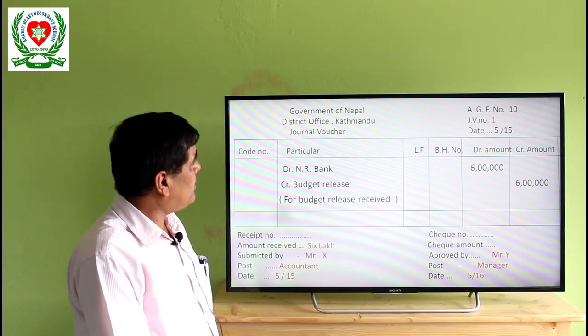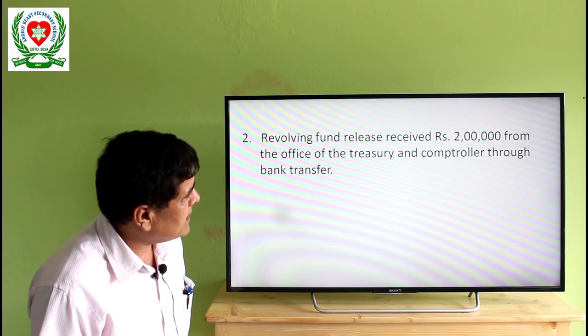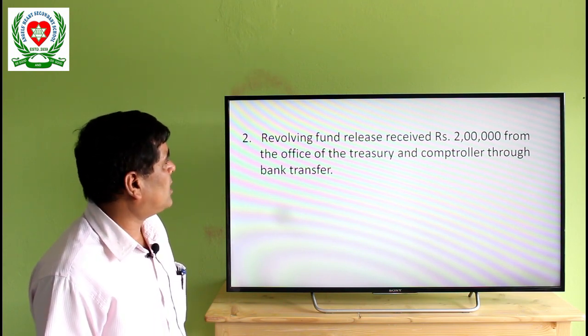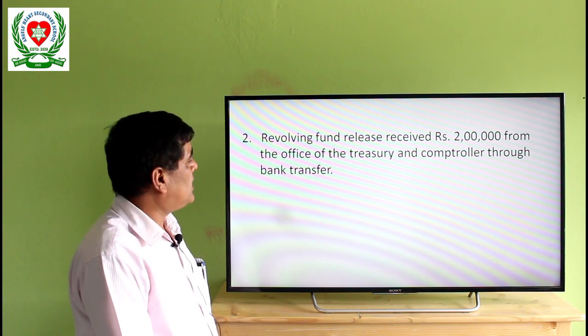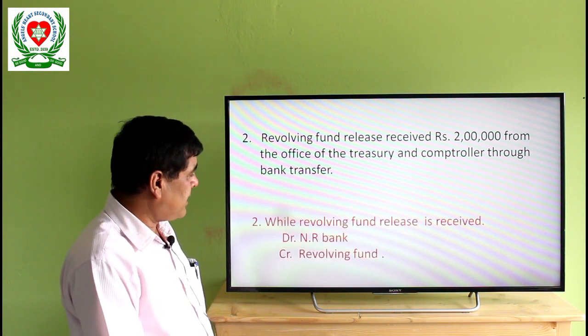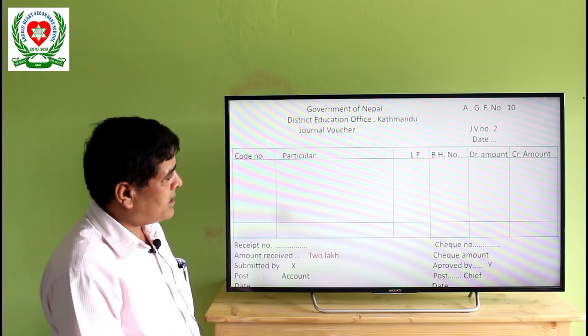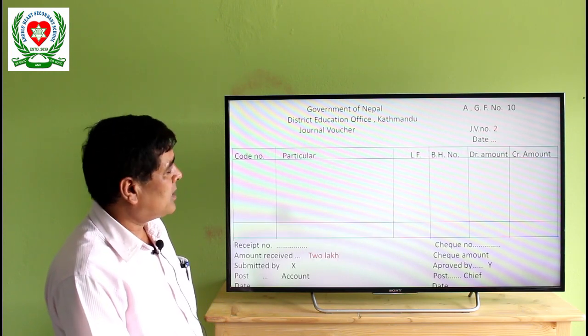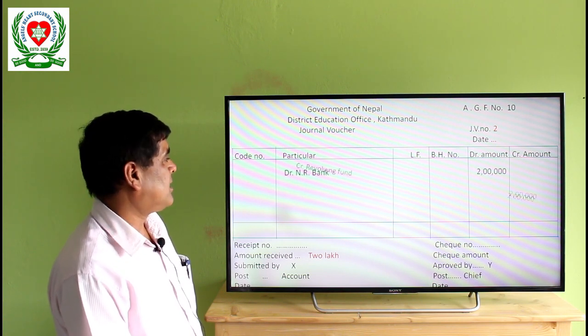Similarly, for revolving fund release, the same should be done. Revolving fund release received, rupees 2 lakh, from the Office of the Treasury and Comptroller through bank transfer. We know this formula: debit NR Bank, credit revolving fund, and in the same format we have to write debit NR Bank, credit revolving fund.